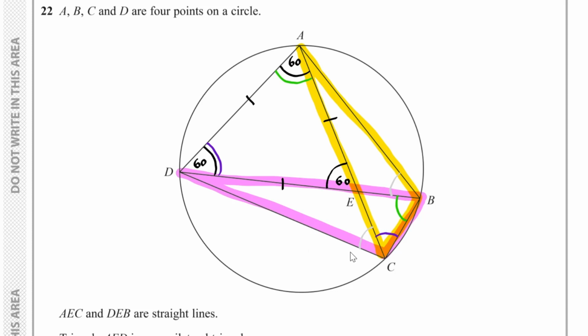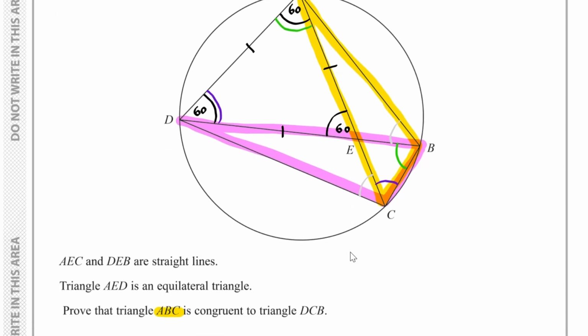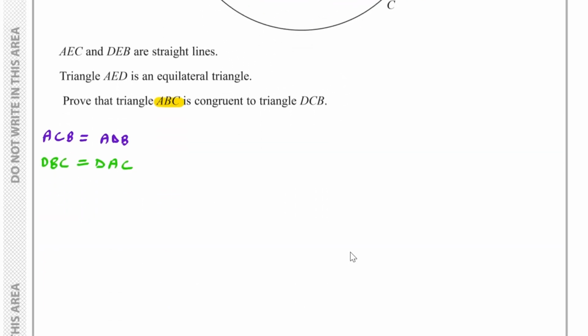And the reason for that is we have angles in the same segment which are equal. So we have here ABD, which is equal to ACD.